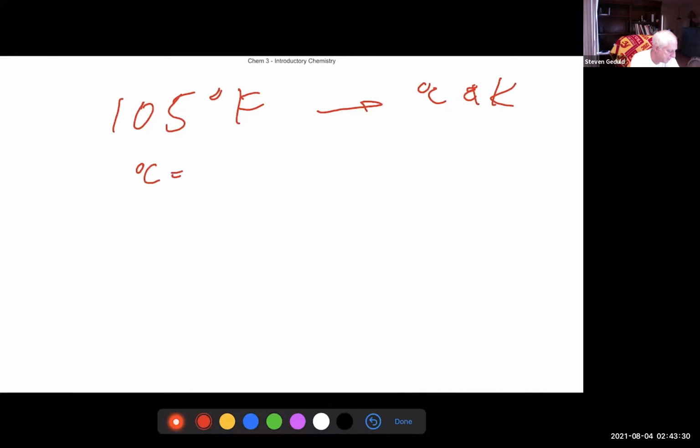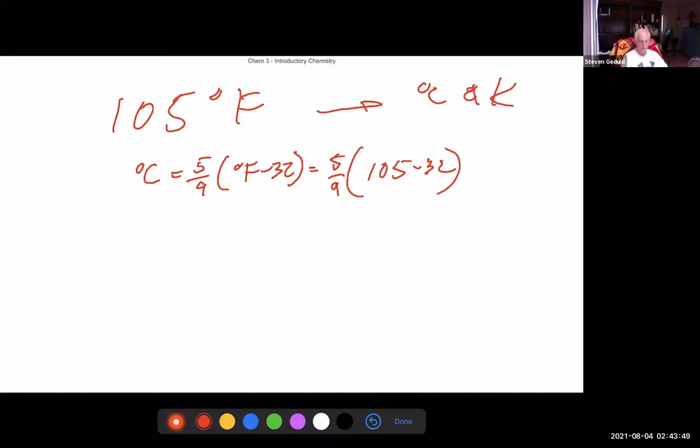So remember, we did a calculation: degrees centigrade equals 5/9 times degrees Fahrenheit minus 32. So that's 5/9 times 105 minus 32. Now, doing the math, you cannot just do 5 divided by 9 times 105 minus 32.